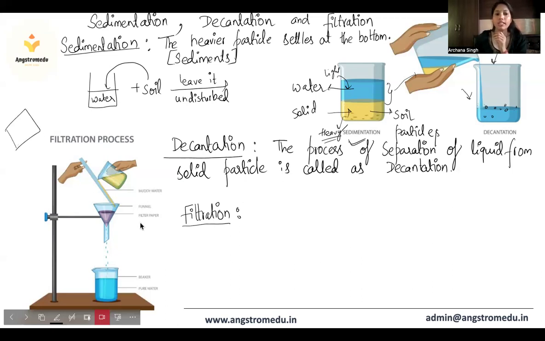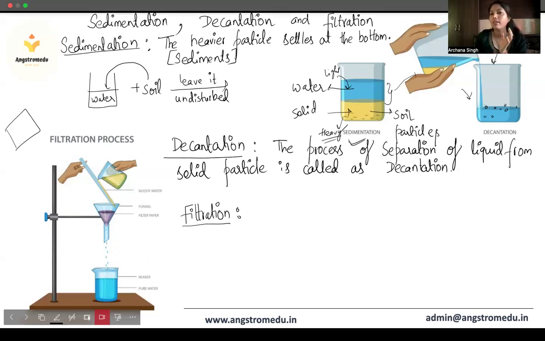What is the use of this filter paper? This filter paper will soak up the impurities, meaning whatever was floating on top will be soaked up by your filter paper. After that, the liquid in the beaker will be collected as pure water. Okay, pure water.